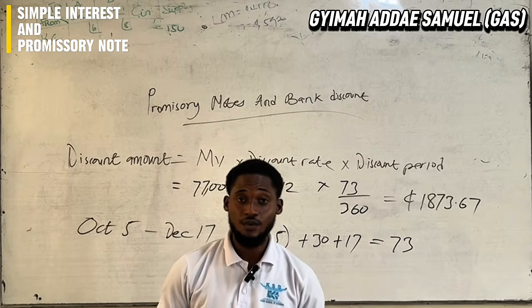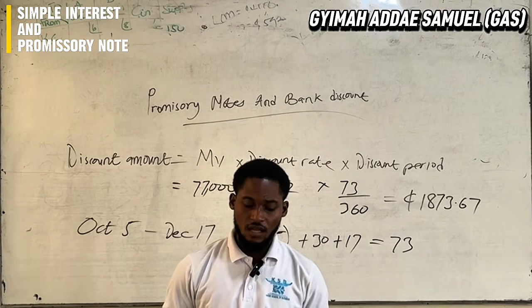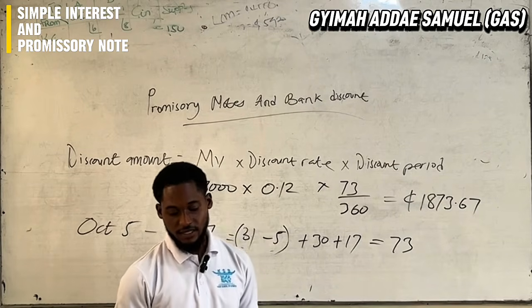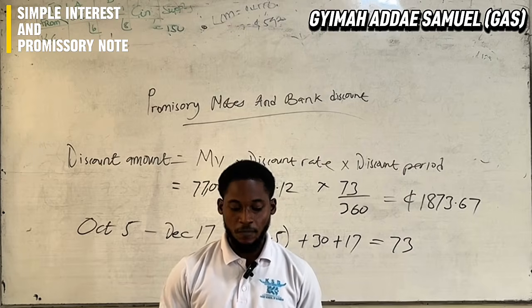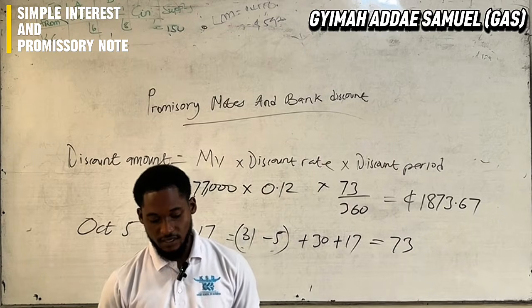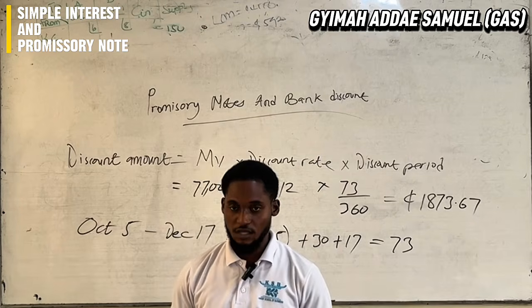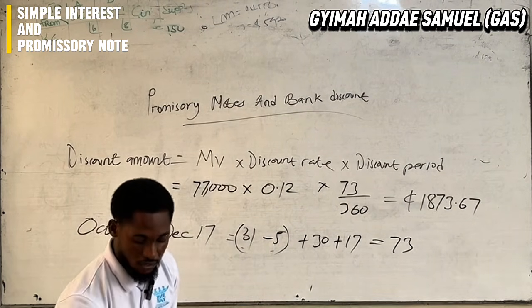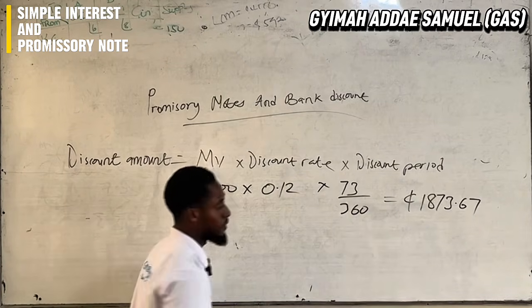So our discount amount, as we were asked to determine in the II, is 1873.67. The question also asked us to determine the proceeds due to Mamaga Investment Company. So let's get the proceeds due.